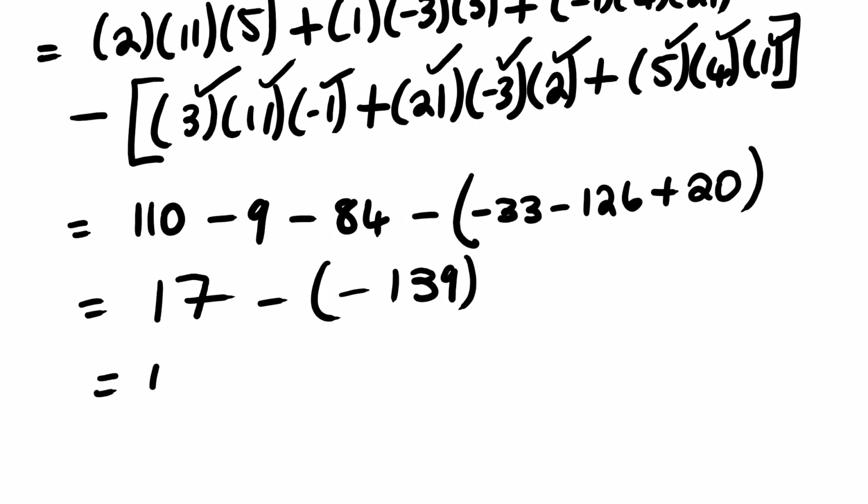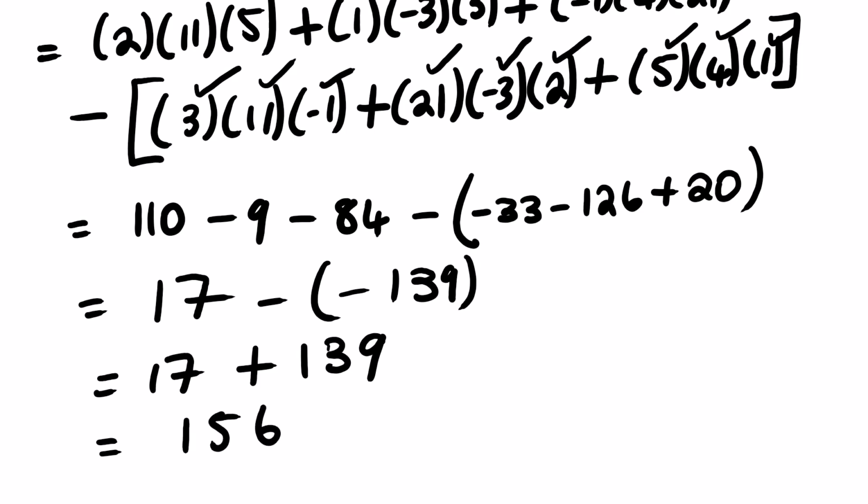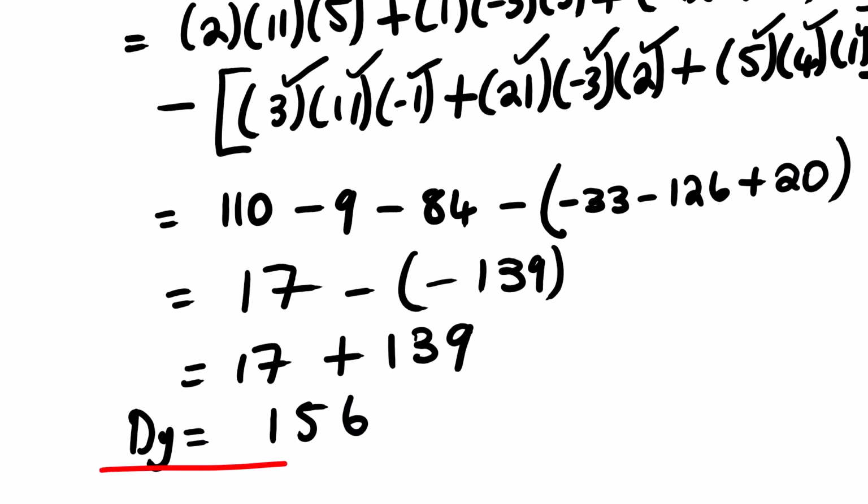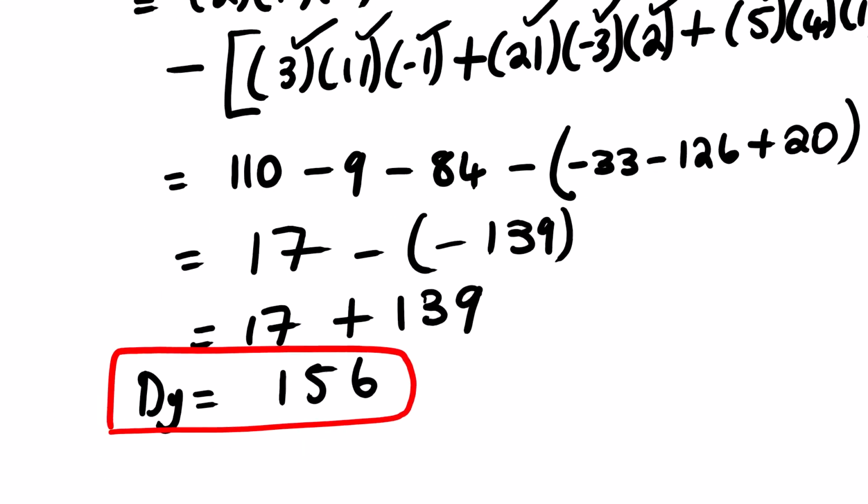Then from here we have 17 plus 139, and then we have 156. This is dy. Let us continue solving for dz.